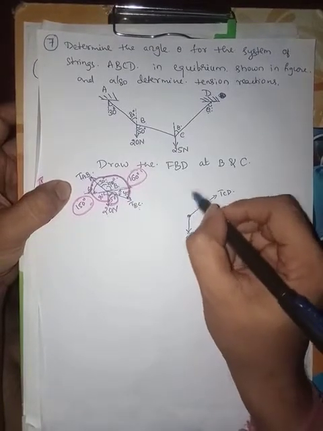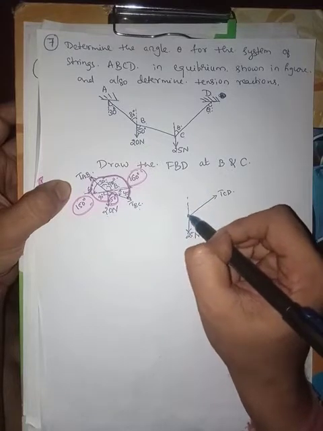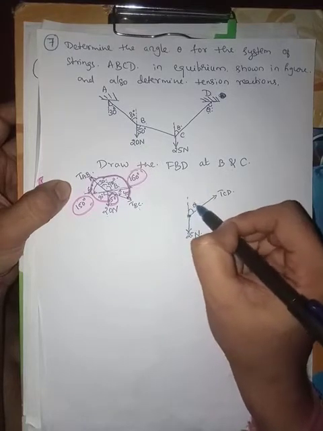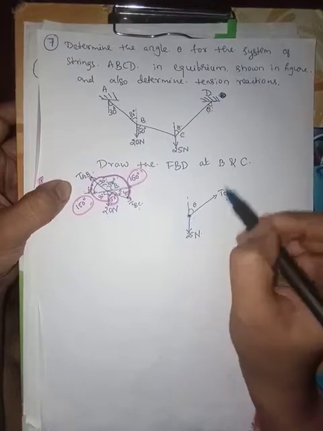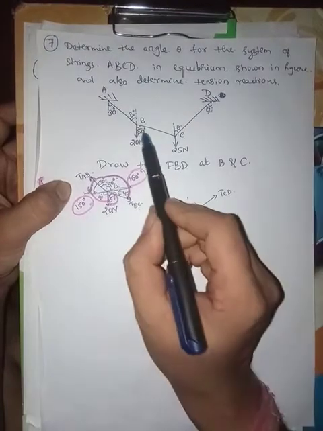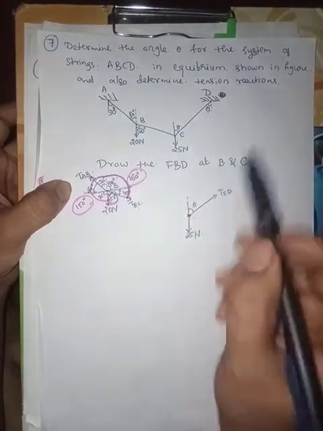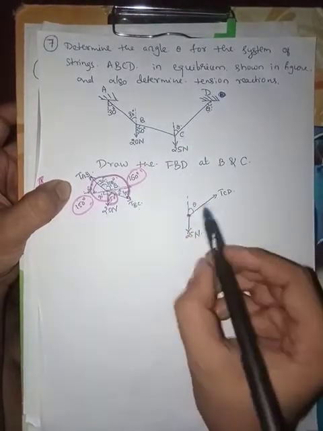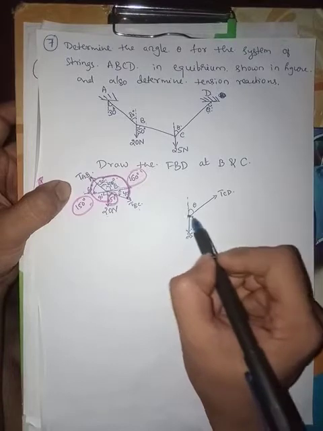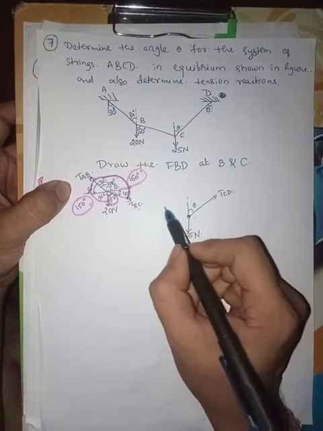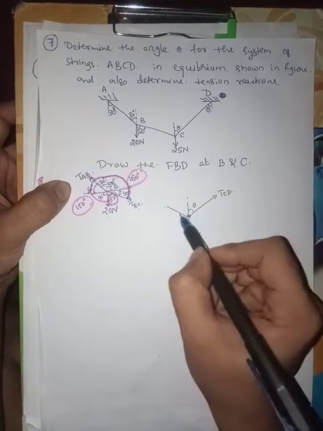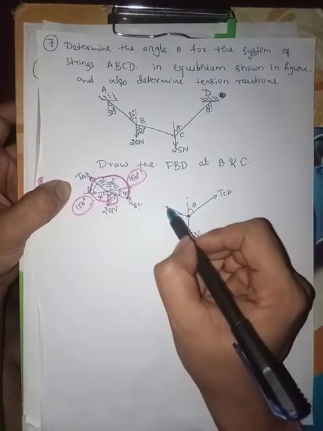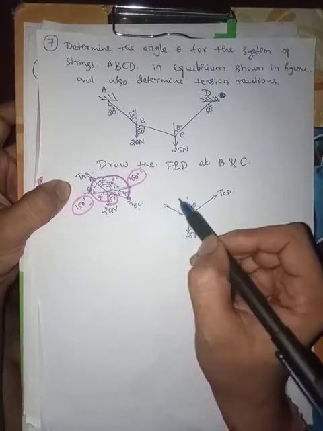With respect to the vertical plane, it makes an angle theta, which is unknown to us. Now another one is the tension TBC, acting something like this.